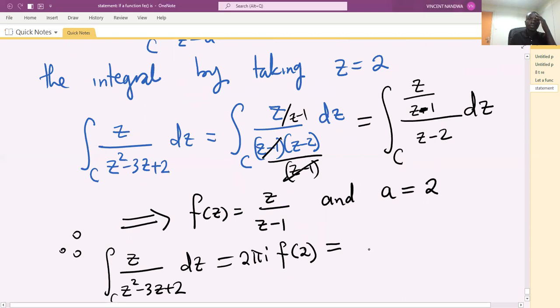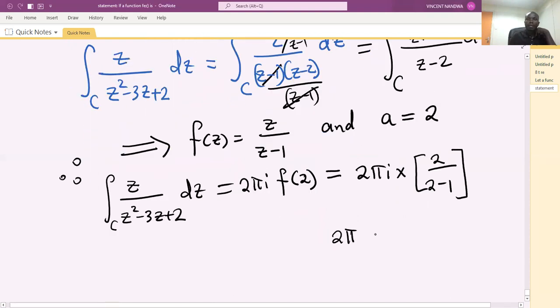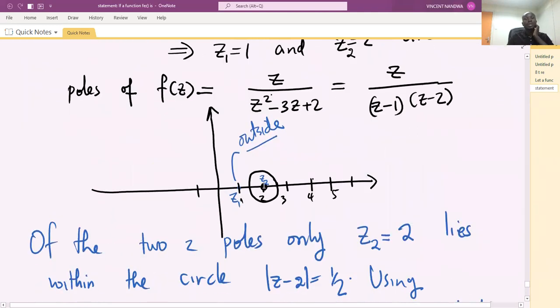This is 2 pi i times 2 over 2 minus 1, which will give us 2 pi i times 2, and this gives us 4 pi i. We don't take care of the other pole, z equals 1, because it is outside the circle.